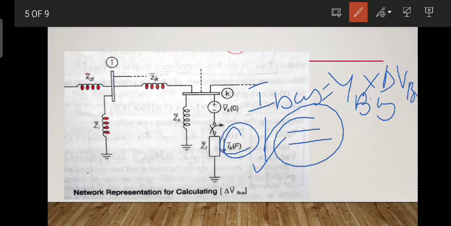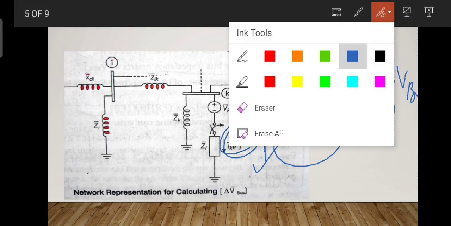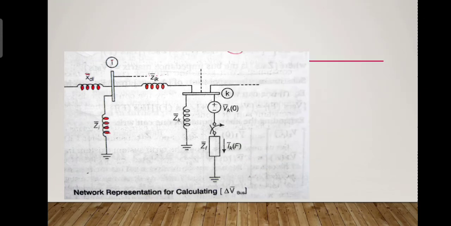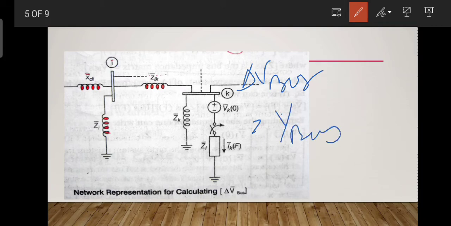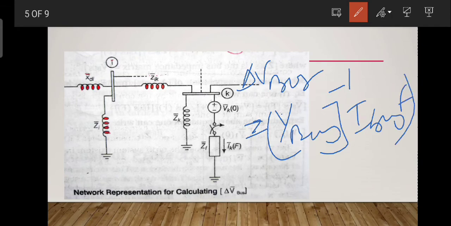Okay, so del V bus can be calculated as del V bus is equal to Y bus inverse into I bus fault.